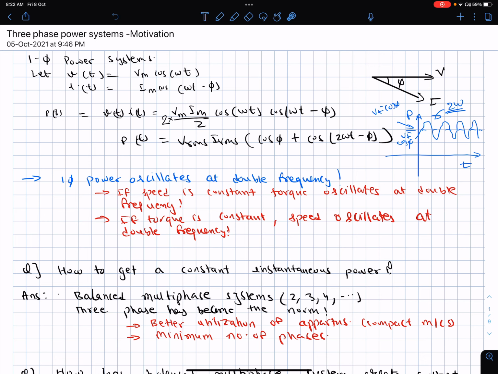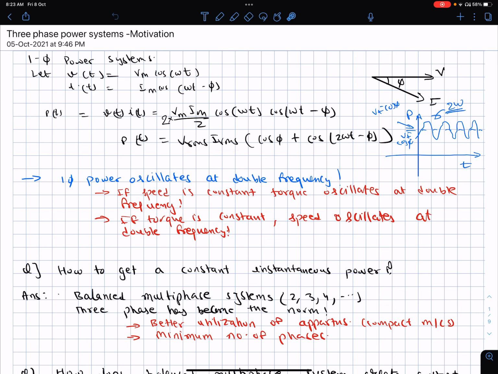So therefore, what we have got is an average value, a constant value of Vrms Irms cos phi, over which a zero mean double frequency component, that is at the frequency 2 omega, is superimposed with a peak amplitude of, what is the peak amplitude of this?